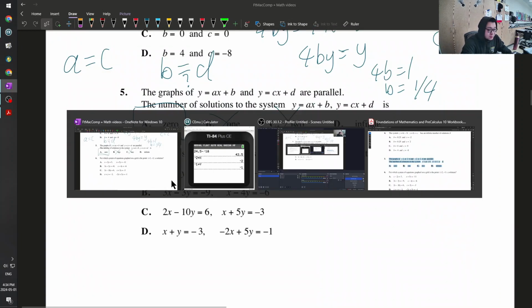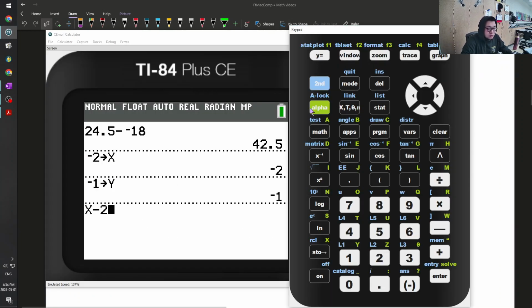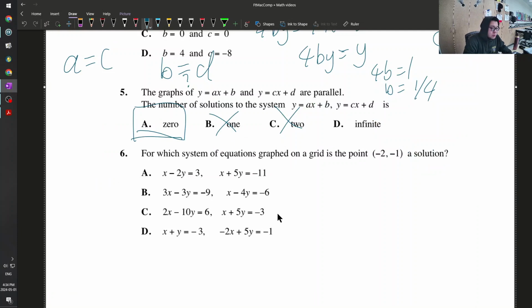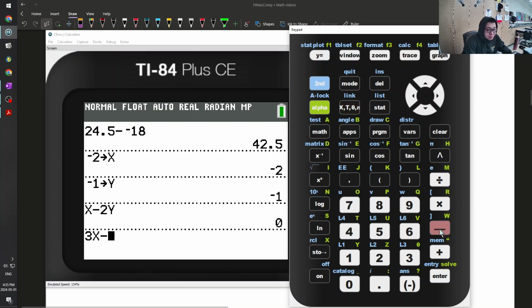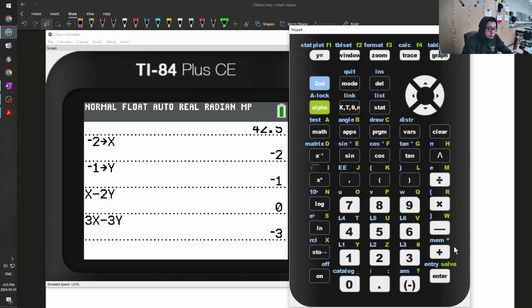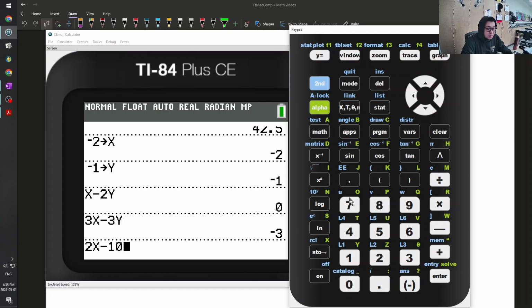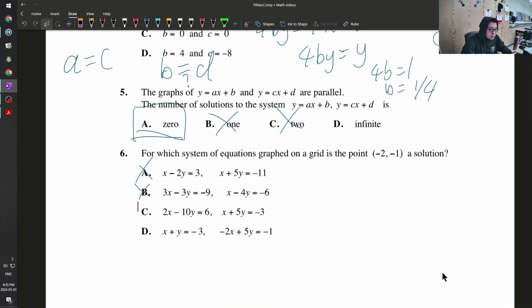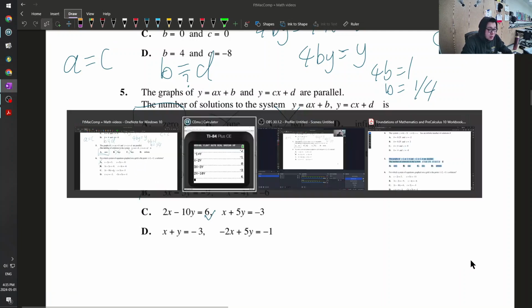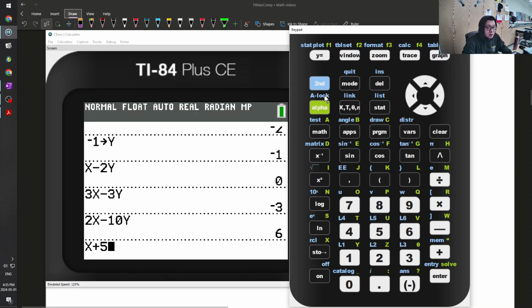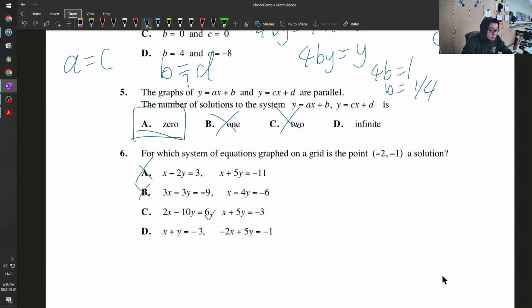Now I do x minus 2y. We get 0, so that means this one is not a solution. 3x minus 3y: it is -9, so that means B is not a solution. 2x minus 10y: 6, okay, that is good. x plus 5y: -7, not good.